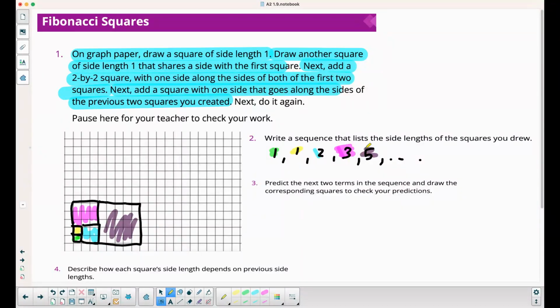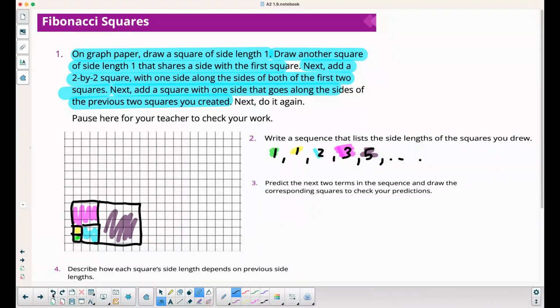Go to number 3. Predict the next 2 terms in the sequence and draw the corresponding squares to check your prediction. So I'm not going to look at the picture. I'm just going to go to the sequence there. It might be hard for you to notice, but what happens is if I want to find this third term, I take these 2 here and add them together. 1 plus 1 would give me 2.